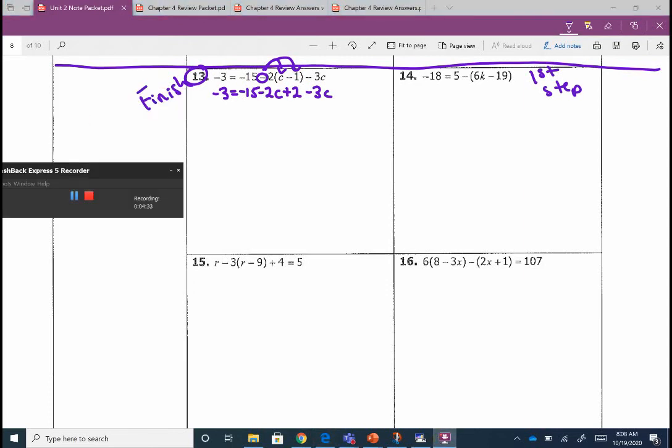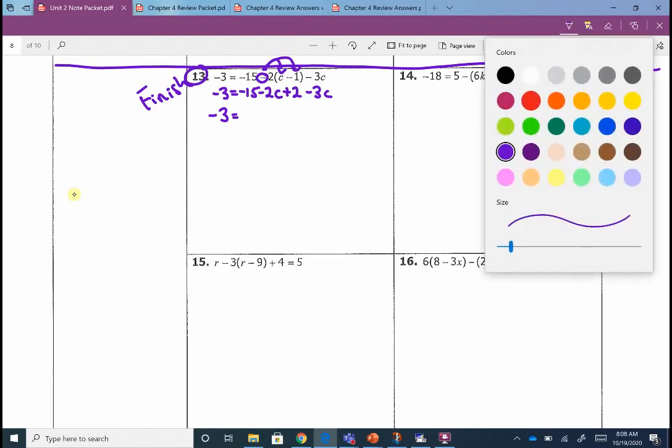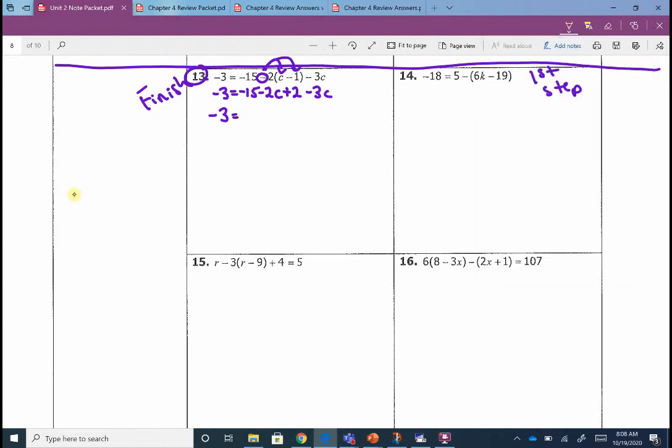As you guys are finishing up 13, I'm going to go ahead and put the steps up so you can check as you go. I'm hoping you're checking your answers, but mine can always be a double check for you. Be careful. Make sure you're watching your signs.